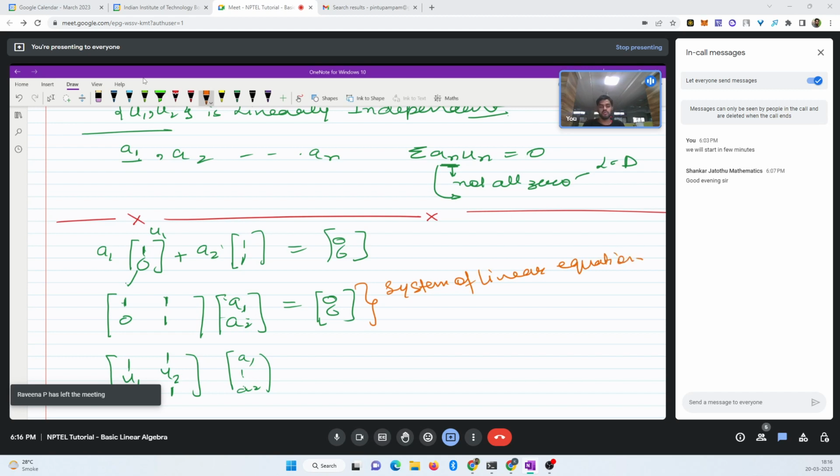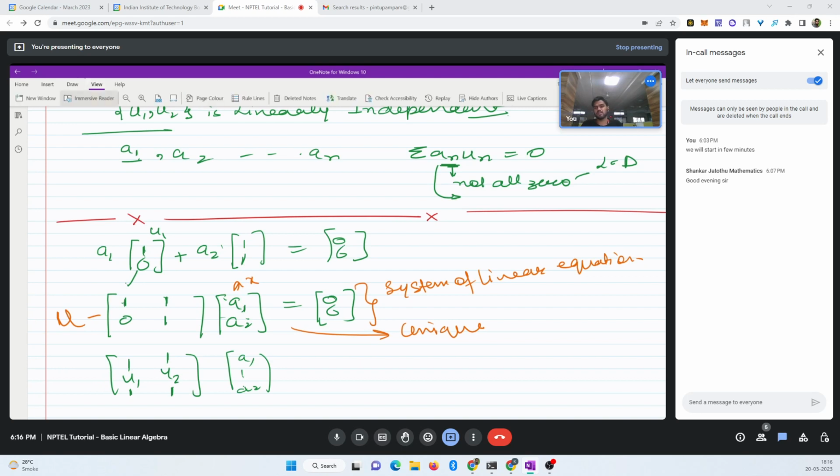Okay. Now, when do you have a unique solution for this system of linear equations? Let's say this is your matrix U, this is your vector. Let's use our general notation only. This is your matrix A, this is your vector X, and this is, let's say, 0. When did we have a unique solution for this kind of equation when you had 0 on the right hand side?